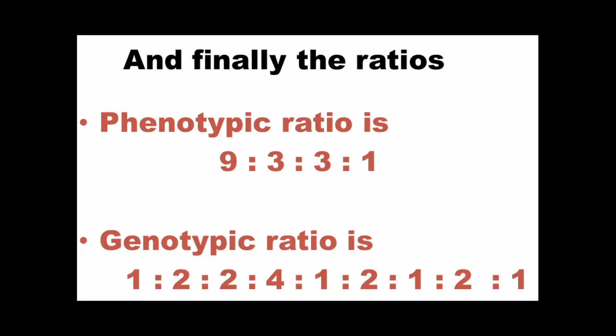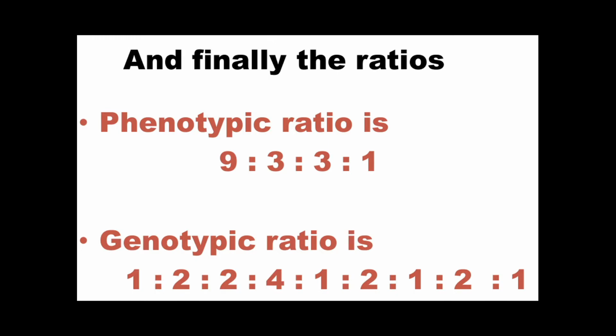And finally, the ratios. Phenotypic ratio is 9:3:3:1. 9 are round yellow, 3 are round green, 3 are wrinkled yellow, and 1 is wrinkled green.